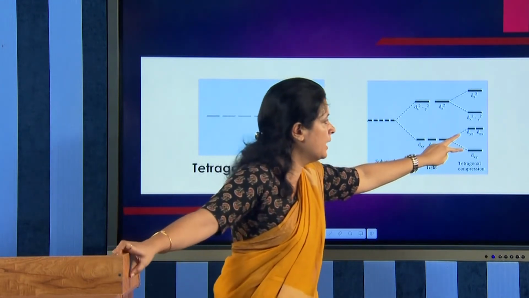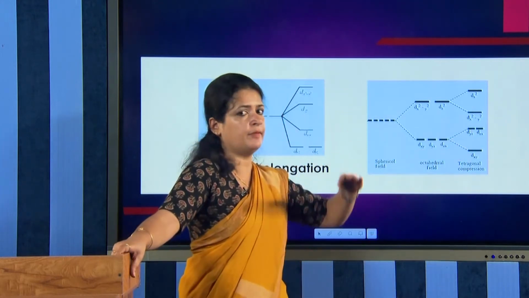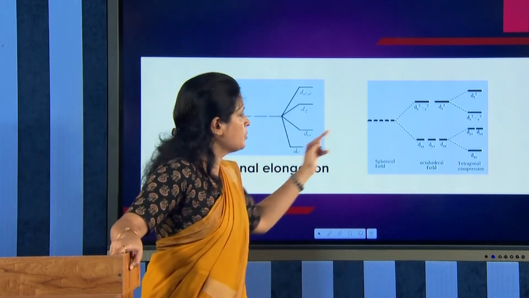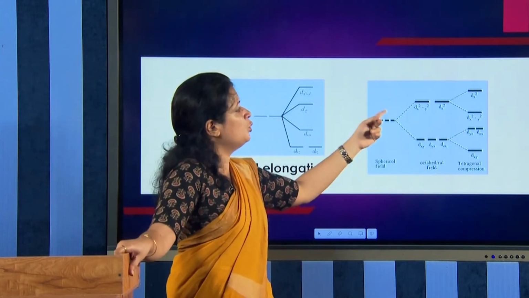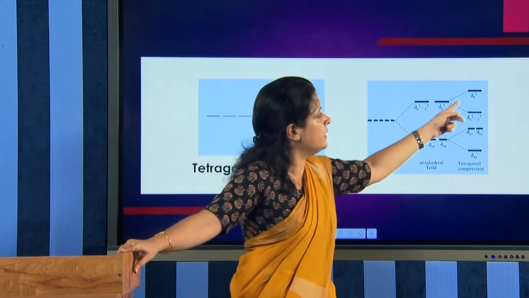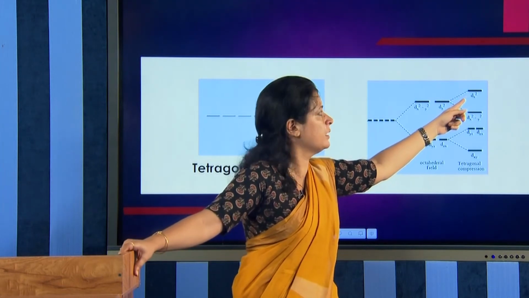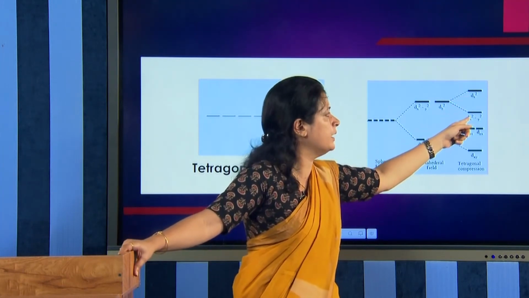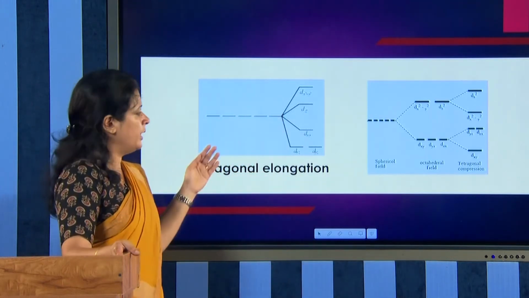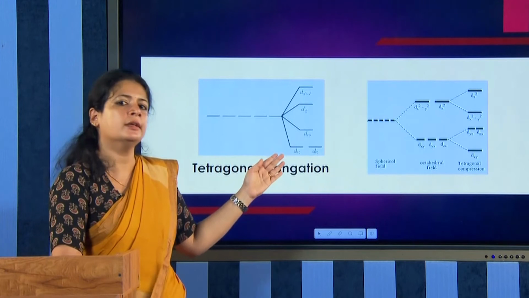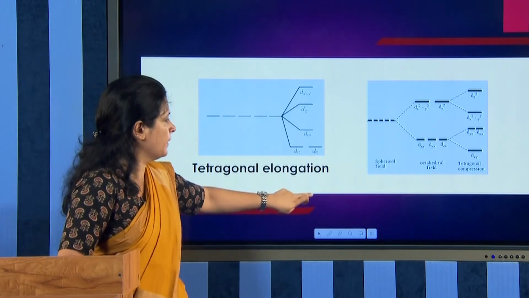See the situation, dxz and dyz have a greater energy, and dxy has a lower energy. In the case of EG orbitals, dz square has a greater energy, and dx square minus y square has a lower energy. So that is the tetragonal elongation and the tetragonal compression.